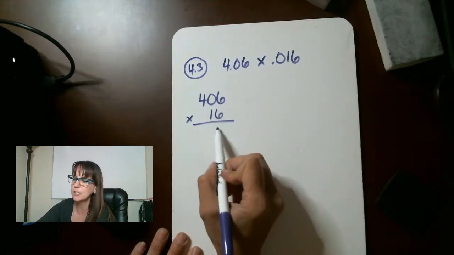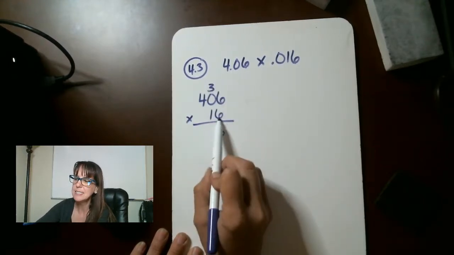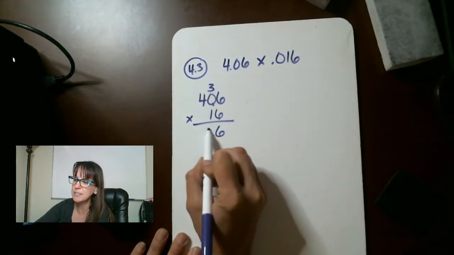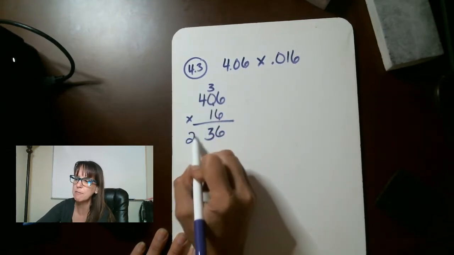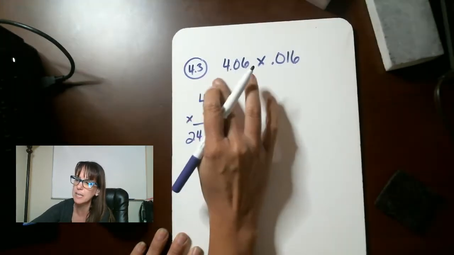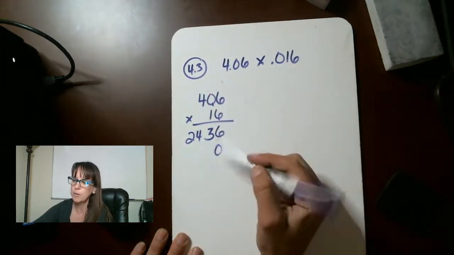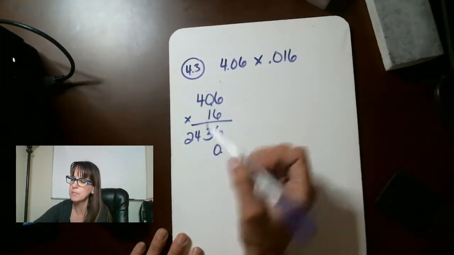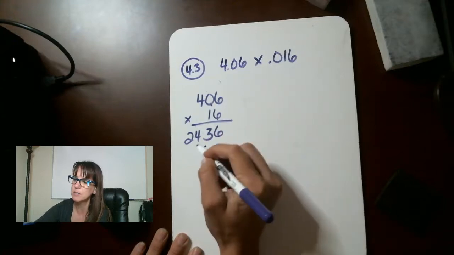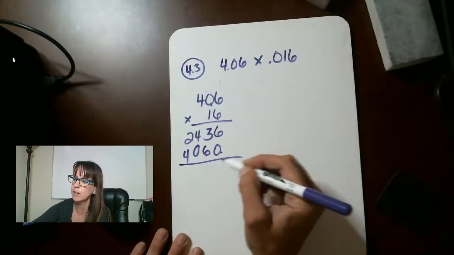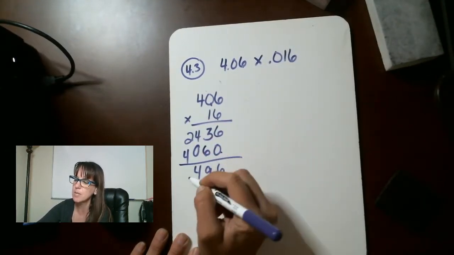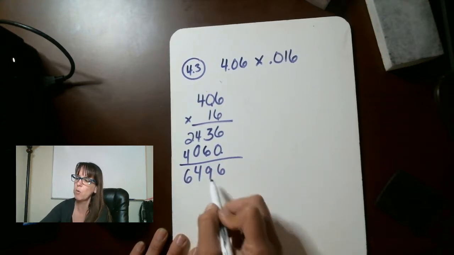6 times 6 is 36. 6 times 0 is 0, plus 3 is 3. 6 times 4 is 24, and then we have another 0. I'm going to get rid of this guy right there. Now we do a 0 for the next line. 1 times 6 is 6. 1 times 0, 0. 1 times 4 is 4. Then you add all those guys up, and we get 6496.